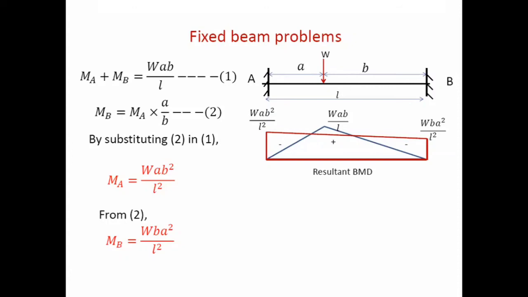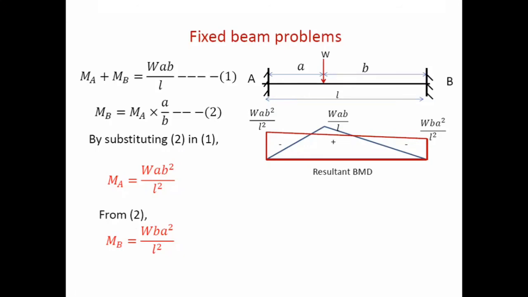MA will be WAB square by L square, and MB will be equal to WA square B by L square, or WBA square upon L square. Simple thing. So again, the values written in red color, we need to remember these two values as the standard result for fixed beam subjected to eccentric point load.